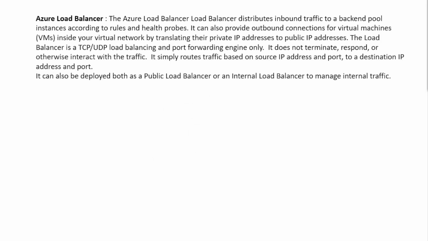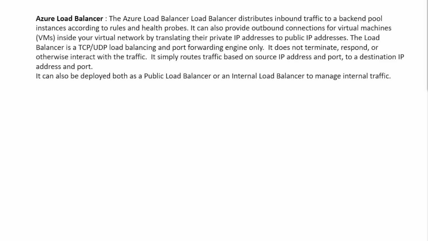So let's talk about a normal load balancer. A load balancer can be of two types, right? External and internal load balancers. Azure Load Balancer handles inbound and outbound traffic, and it has a backend pool. The backend pool can be VMs or a VM scale set, and it has different rules, and based on those rules it redirects your traffic accordingly.